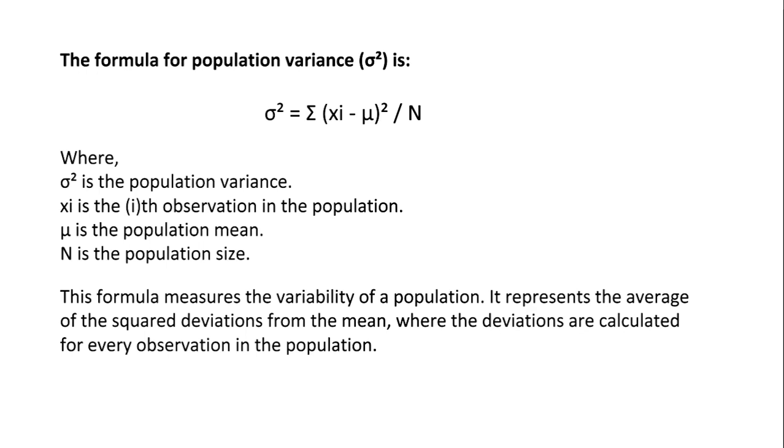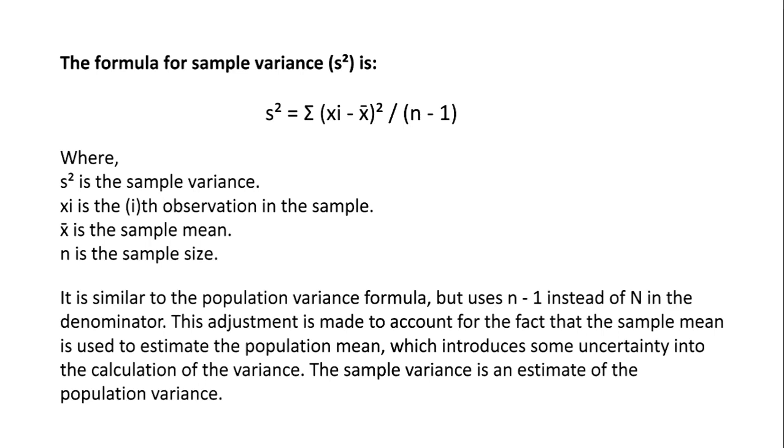The formula for sample variance, S square, is S square equals summation xi minus x bar whole square by n minus 1, where S square is the sample variance, xi is the ith observation in the sample, x bar is the sample mean, and n is the sample size.